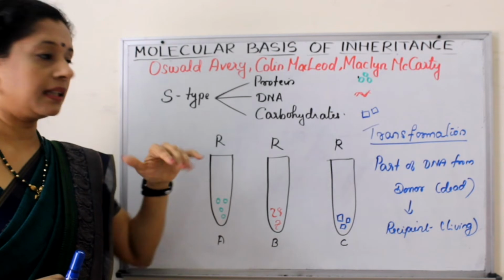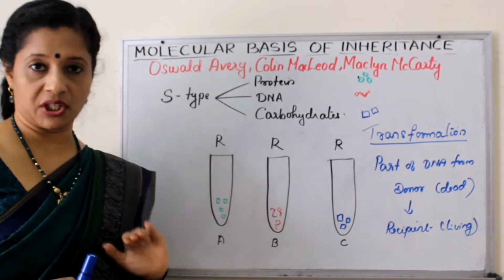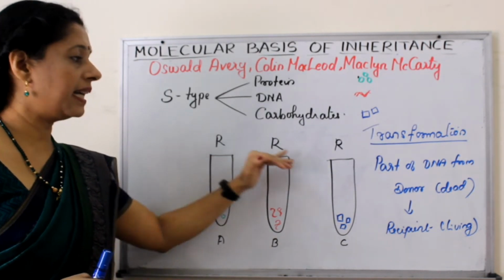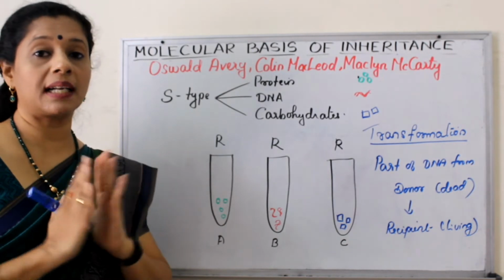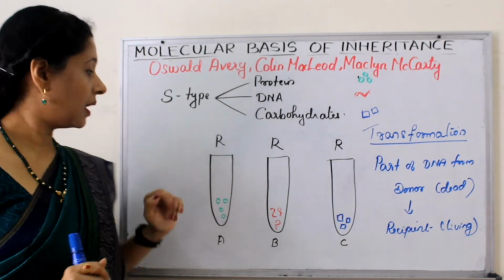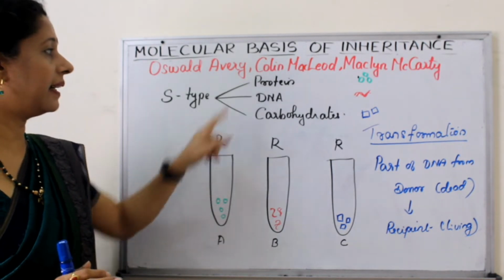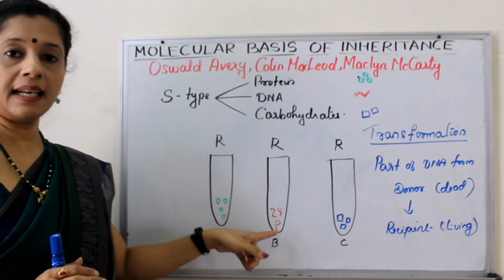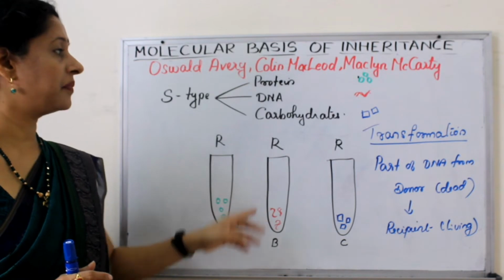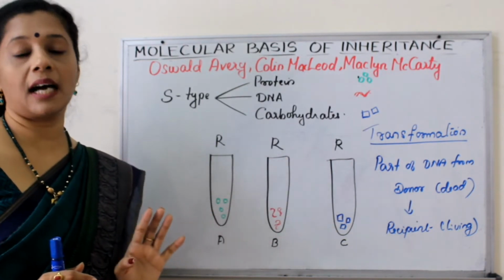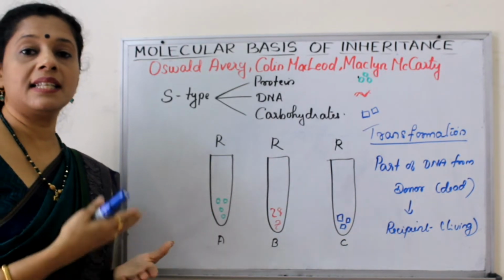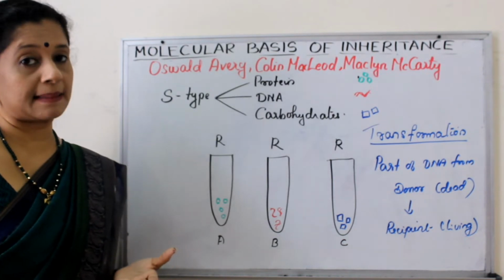Then what they did, they took three different cultures, each containing R-type bacteria. We know R-type bacteria cannot cause disease. Then the first culture of R-type, they added protein. In the second one, they added DNA. Third one, they added carbohydrate. And they injected separately into mice.